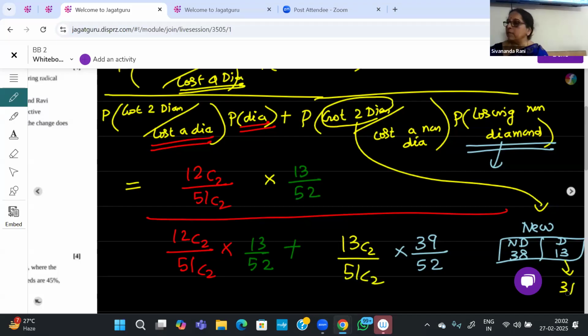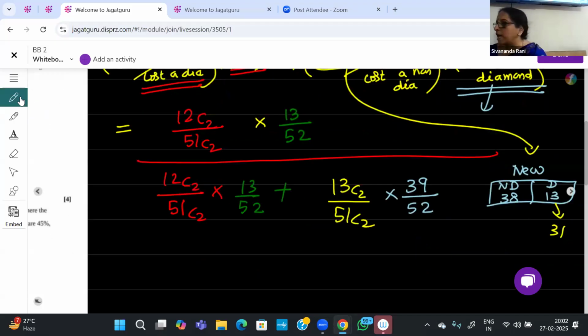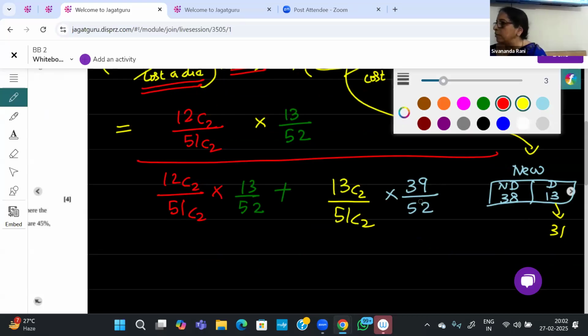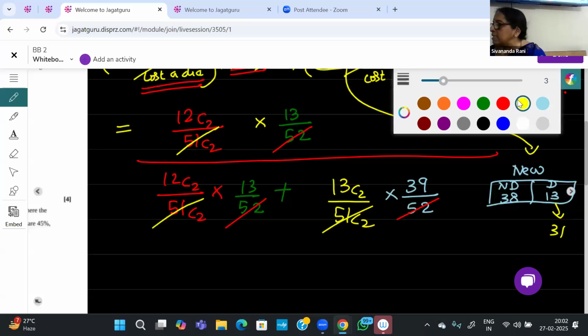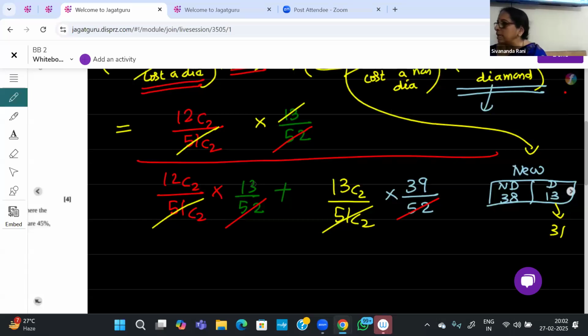Now let's cancel whatever is possible for us to cancel. We can cancel all these. Cancel this. I think we can cancel this also because it's found everywhere. Cancel only if it's found in all the 3. I think we can cancel this 13 also. It's occurring here, here, and here.